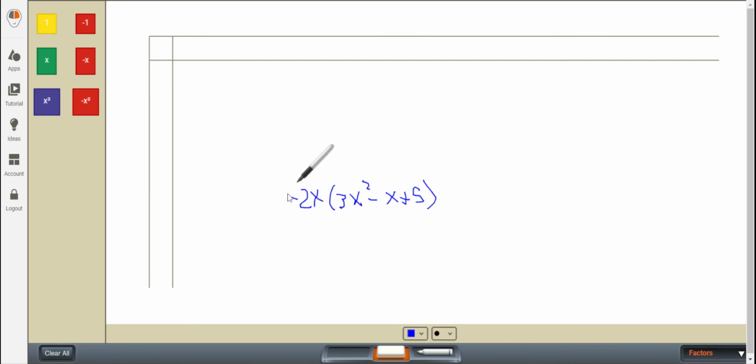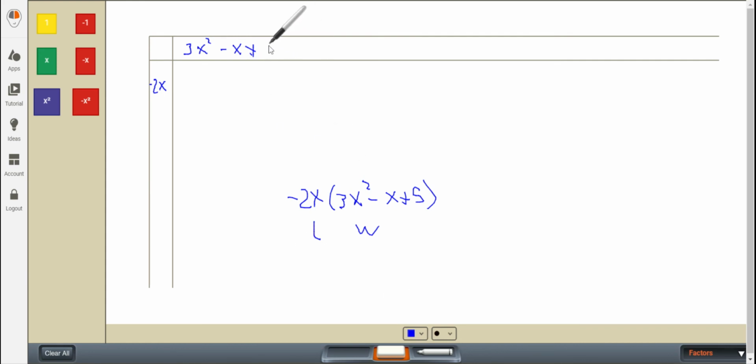Good. So I'm going to set up my area model, my length and my width, and I'm going to find the area of this rectangle. So here is my length, negative 2x, and here goes the width, 3x squared minus x plus 5.